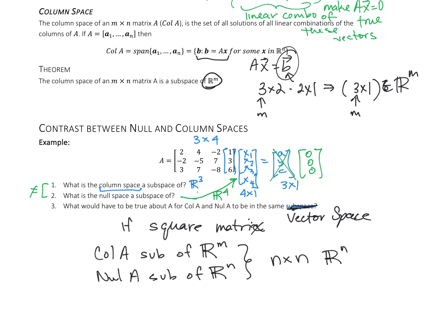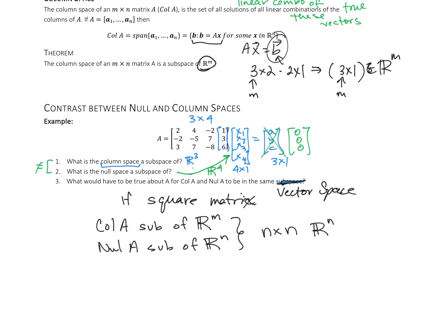So they're both subspaces of the same vector space, but they are not necessarily the same subspace. Hopefully that makes sense. You with me? All right. We're going to come back in another video to talk a little bit more about the contrasts, and then we are so close to done.